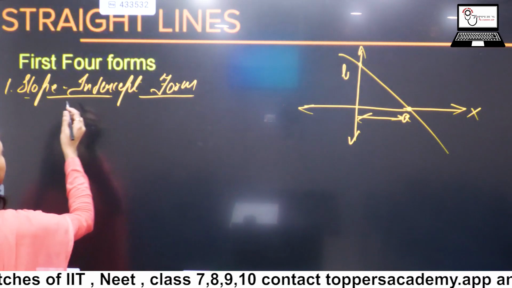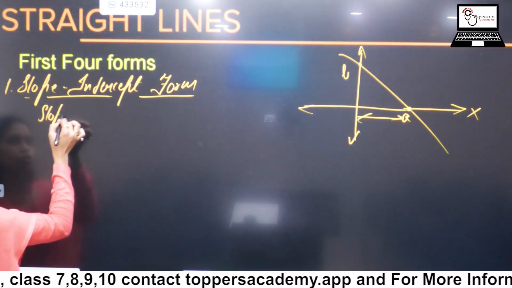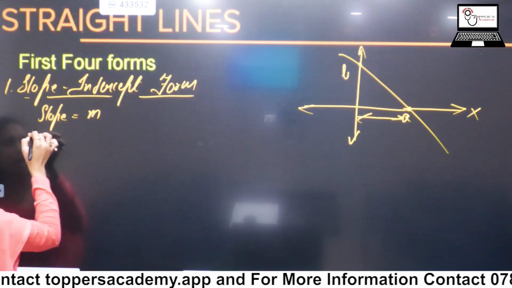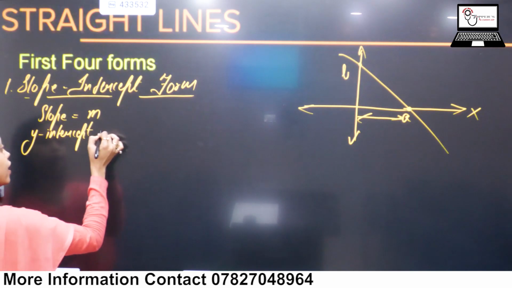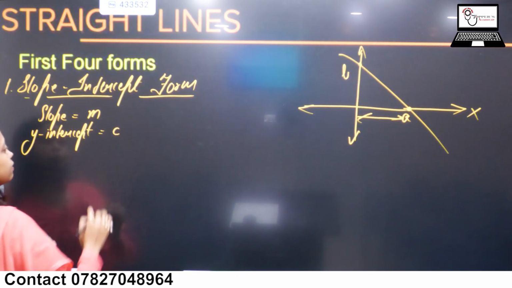So we have two given things: slope, let's say slope is m, and to be precise, the y-intercept, which is, let's say, c.